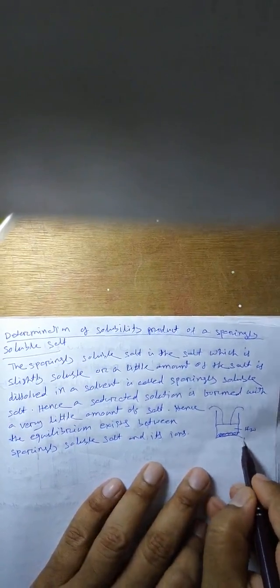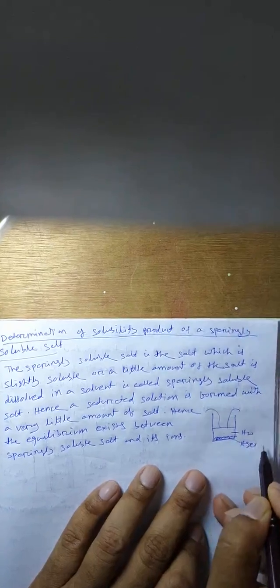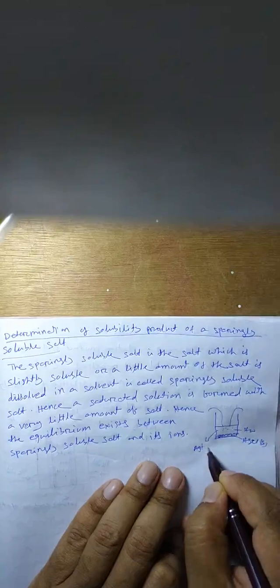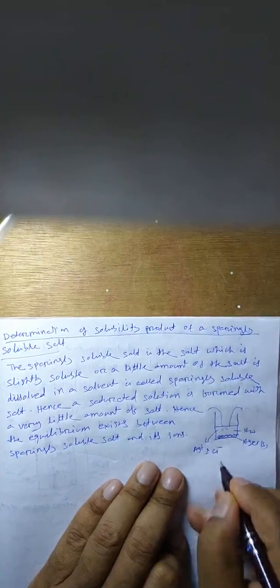This is solid silver chloride, and whatever is dissolved is present in ion form. Ions means Ag plus and Cl minus.